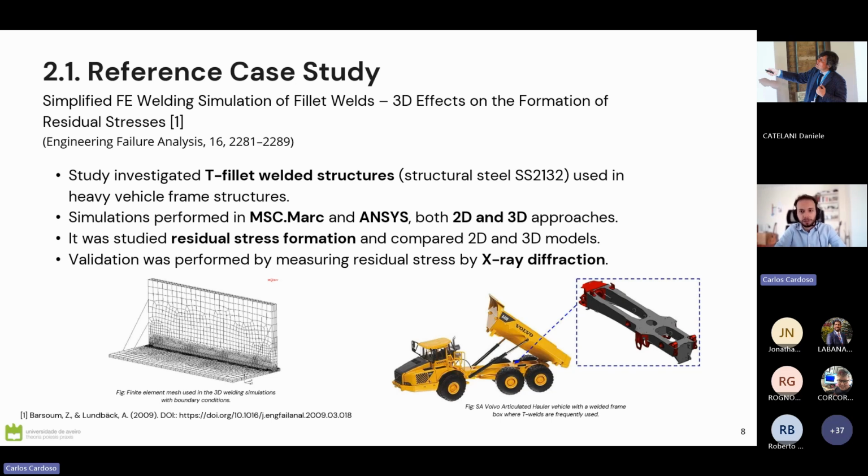The simulations were carried out in MSC Marc and other software to compare 2D and 3D models. As a material, they used a steel equivalent to DH36 that was modeled as elastic-plastic and temperature dependent. To validate the results, the residual stresses were measured experimentally using X-ray diffraction, which allowed them to validate the numerical models.